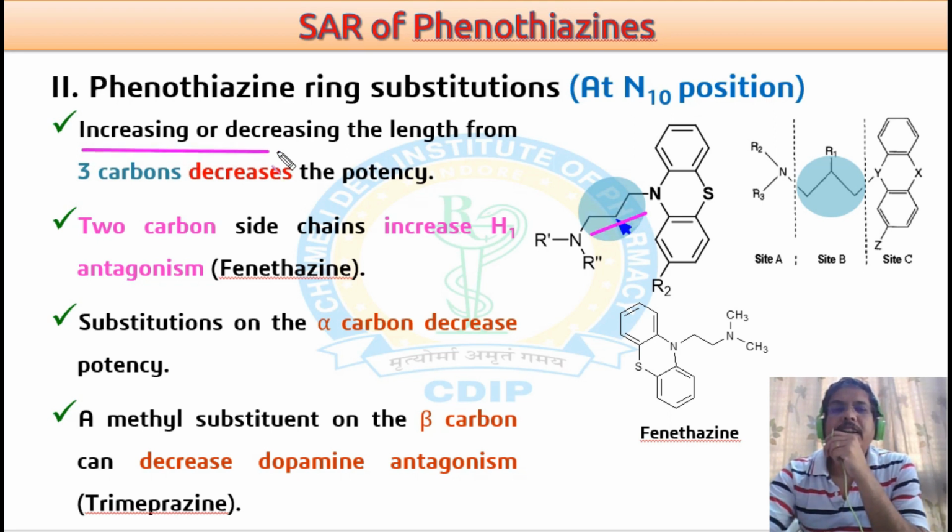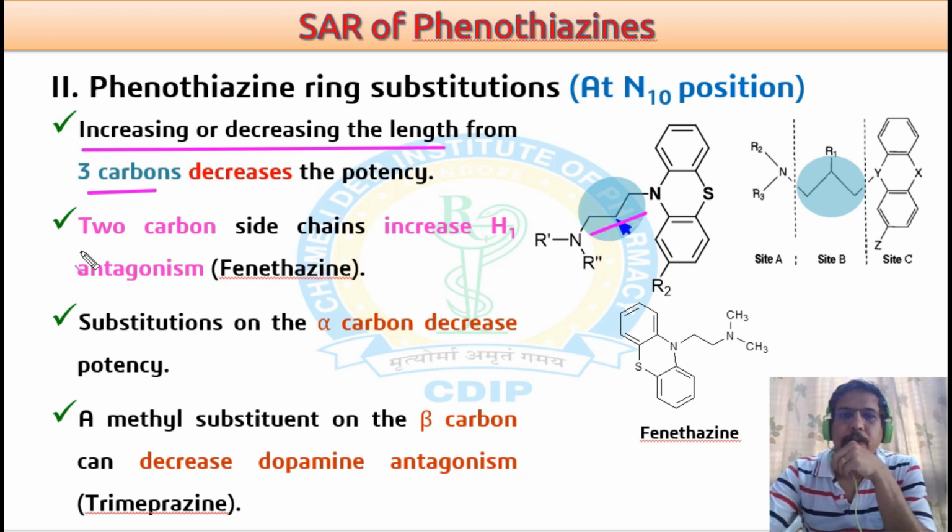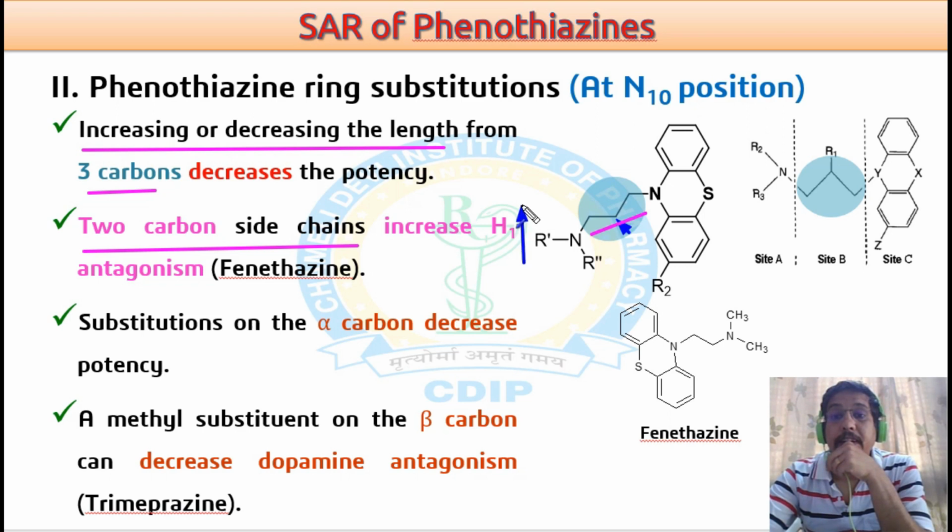Increasing or decreasing the length from this 3 carbons decreases the potency. The 2 carbon side chain increases H1 antagonism. The example is phenothiazine, which is an H1 antagonist.